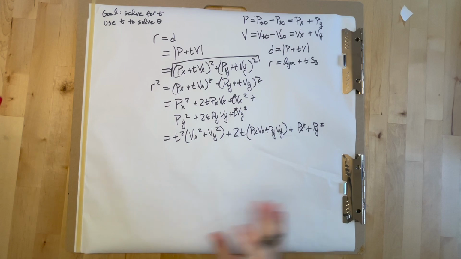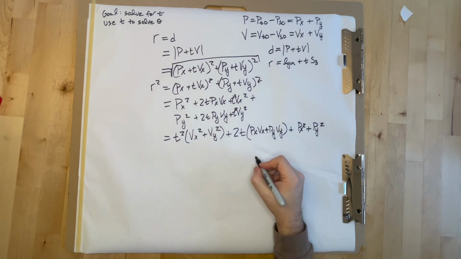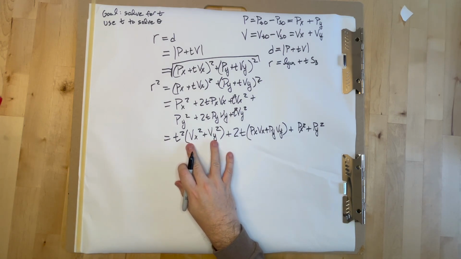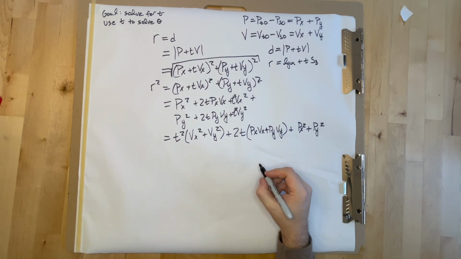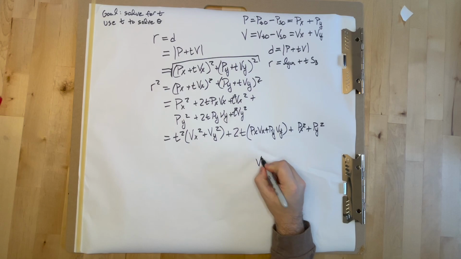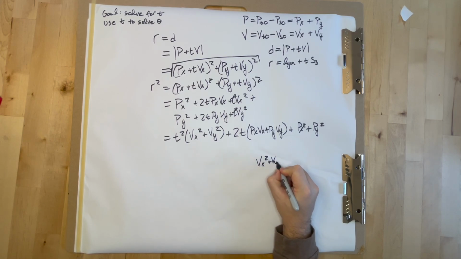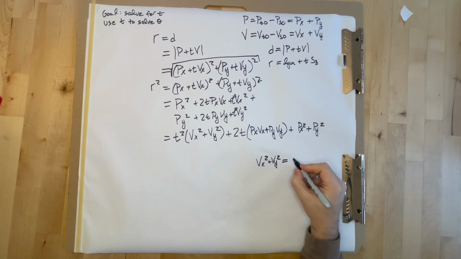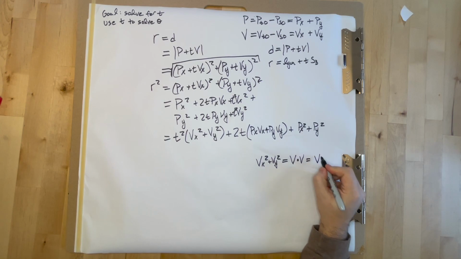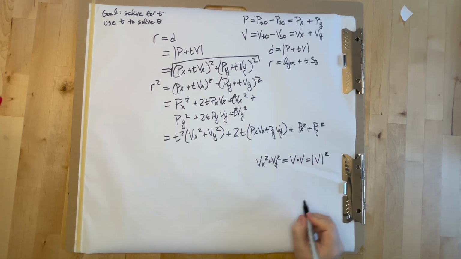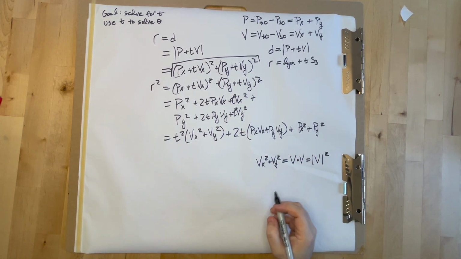I'm going to take a second to write some notes off to the side. We can write these in a couple of different ways to make this a little more convenient. So vx squared plus vy squared is equal to v dot v. It's also equal to the magnitude of v squared, depending on how you like to write things.